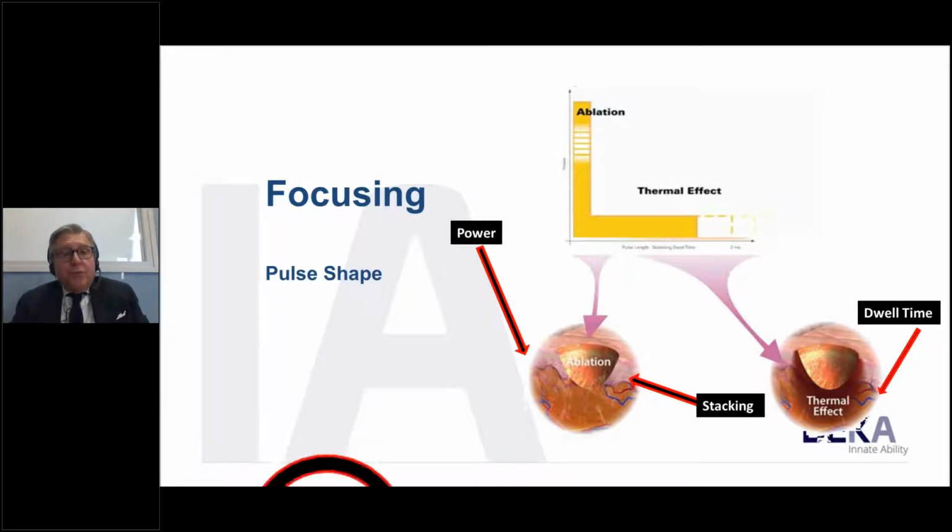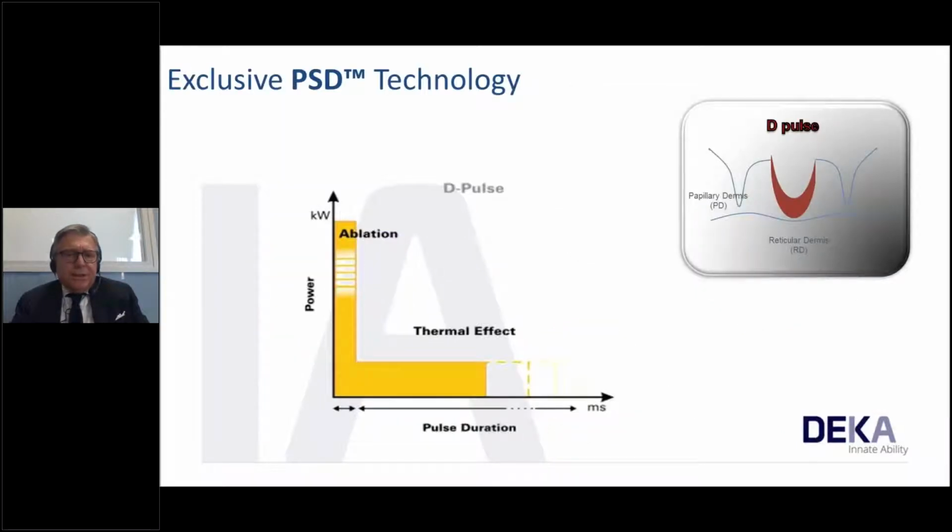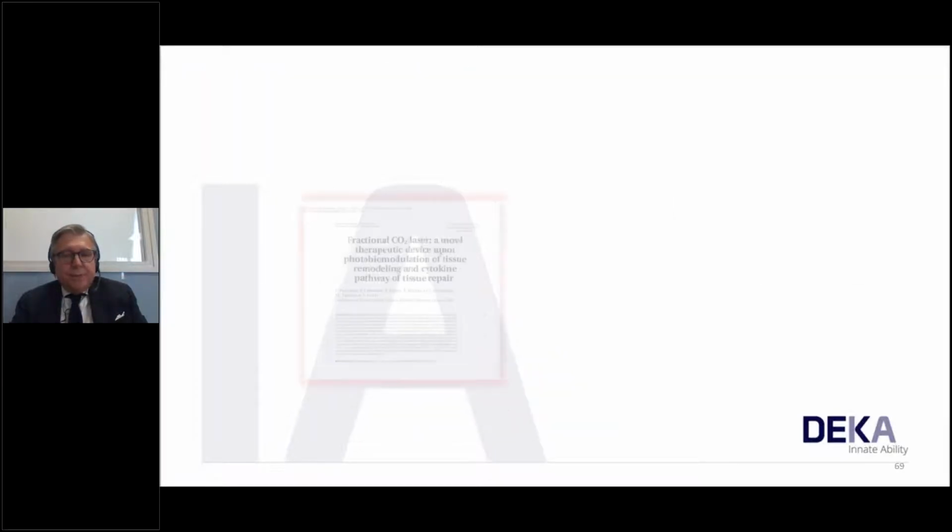But there is a 4th parameter, the pulse shape, and in particular DP, that we use in 90% of cases of fractional treatment, that allows us to go into the depth and stimulate into the depth and microablate in the deeper layer. You see the pulse shape design and the pulse modes, the great capability to go into the depth and the ablation crater, very, very deep.